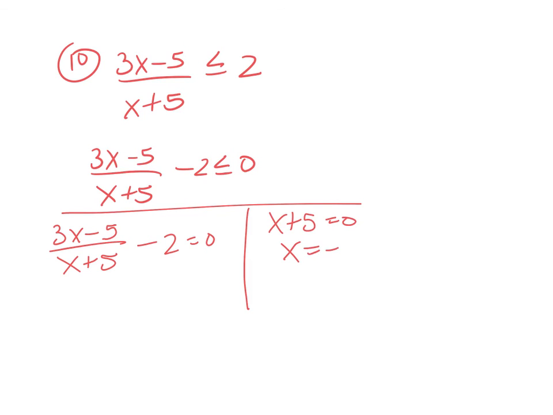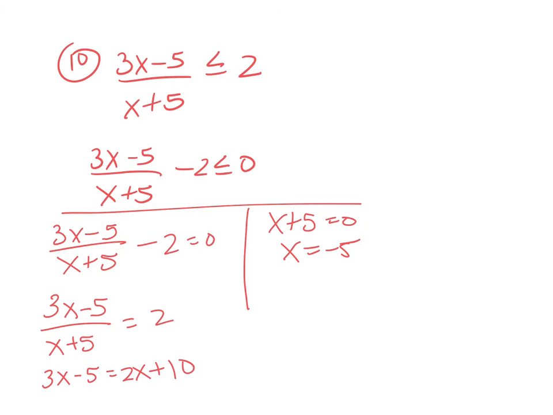So negative 5 is one that we can't have as a solution, but it actually ends up being a boundary. And then when we solve this guy, we'll bring that 2 back over, cross multiply, and solve. So if I subtract the 2x to the other side, I have x. I add the 5 to the other side, I get 15. So now that means I have 2 numbers to put here, negative 5 and 15.